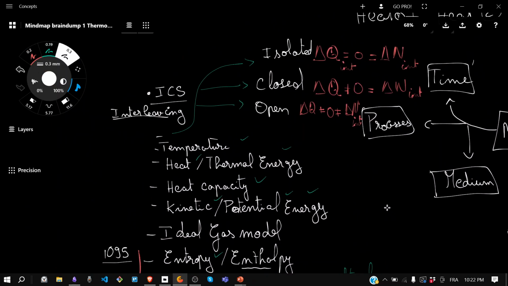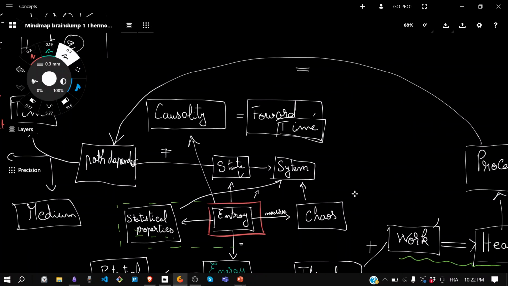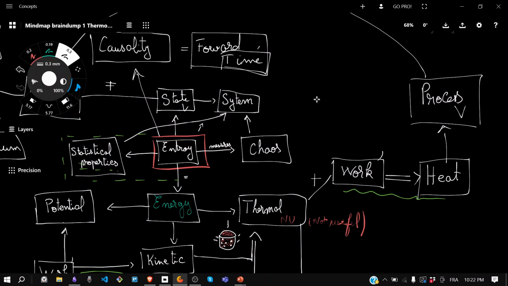So these are the systems, and this is where you would put them. We have three types of cases: closed systems, isolated systems, and open systems. I'm going to try to make boxes for each one of these.